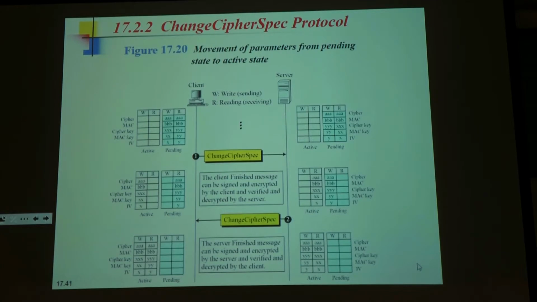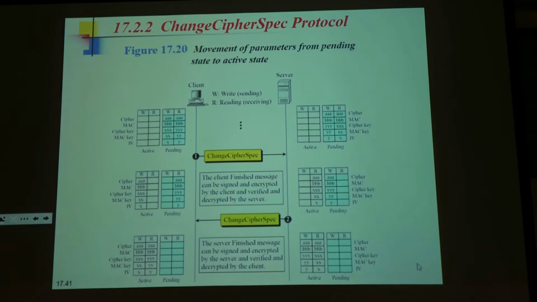So what are we doing in the change cipher spec protocol? We have seen that negotiation of the cipher suite and the generation of cryptographic secrets are performed gradually during the handshake protocol.